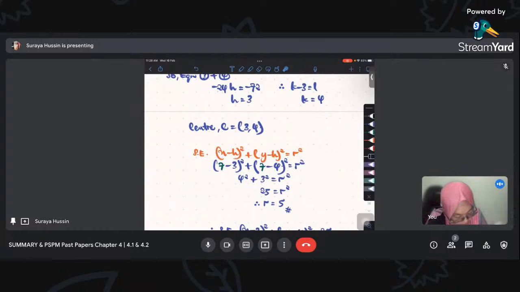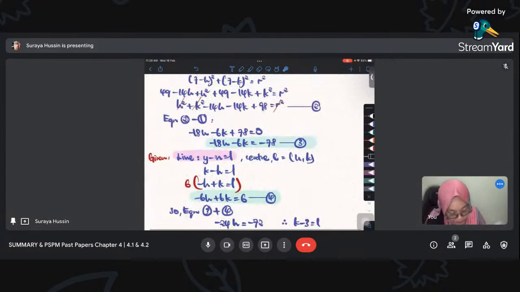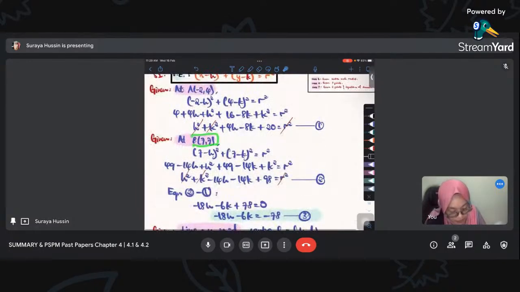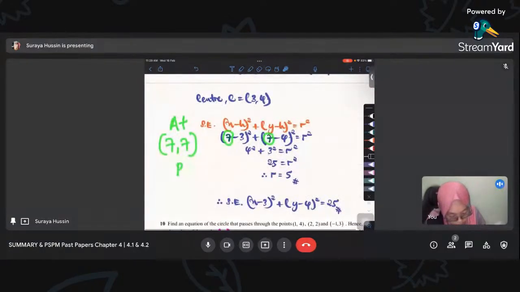The radius is just put in. Miss, where does this 7 come from? 7 is at point B, if I'm not mistaken. Yes, I use point B. You can use point A as well.